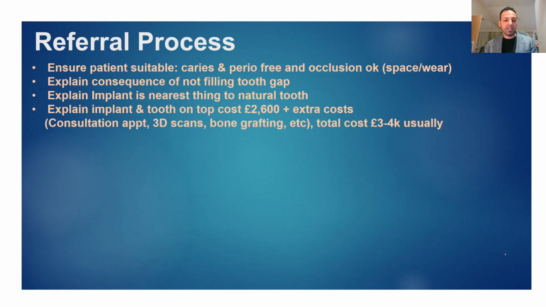So really, you've got the consultation appointment, you've got 3D scans, you've got potential for bone grafting, etc. So usually implants will reach you in the 3 to 4K region, if not more. So it's the Mercedes-Benz option for missing teeth. Perhaps Mercedes-Benz is a better analogy than a Porsche or Ferrari, because Mercedes is a much more generally accepted term across all age groups, whereas Porsche and Ferrari might just be for your boy racers, right?